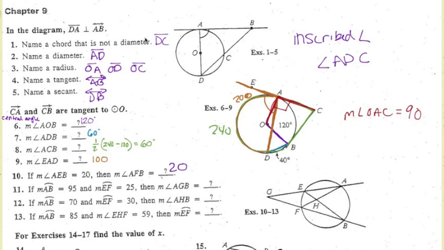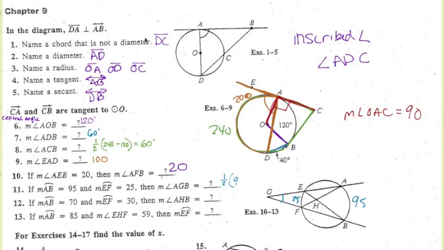If arc AB is 95 and EF is 25, AGB, the angle outside, what's our rule for angle outside? It's the sum, or it's a difference.